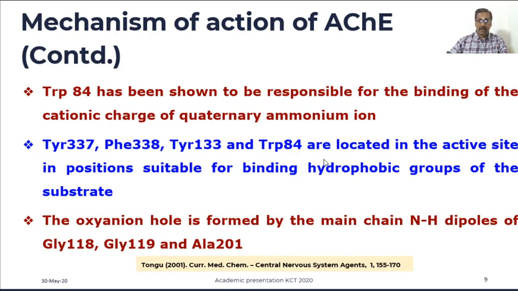So your substrate acetylcholine will be fixed in the binding pocket active site for effective hydrolysis. Apart from that, these three amino acids, glycine 118, glycine 119, and alanine 201, play a major role in the formation of the oxyanion hole, which is a part of phase 1, acylation, of acetylcholinesterase-mediated hydrolysis.